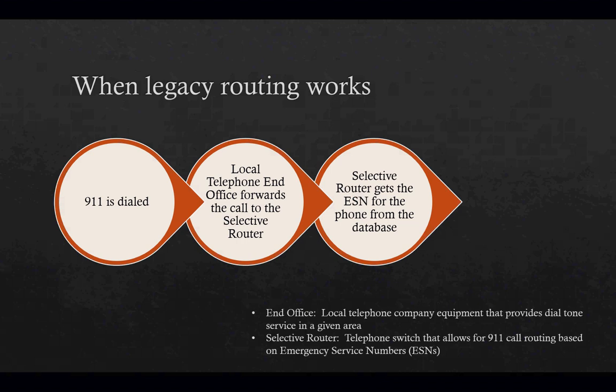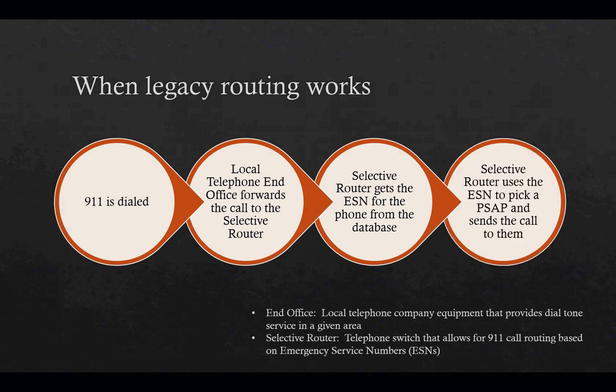So the selective router has to get that emergency service number in order to do the routing. It does that by querying a database using the telephone number that called in. The selective router gets that emergency service number and then uses the emergency service number to pick the right 911 center and sends the call to them. So this is how it works, or how it happens when it works.